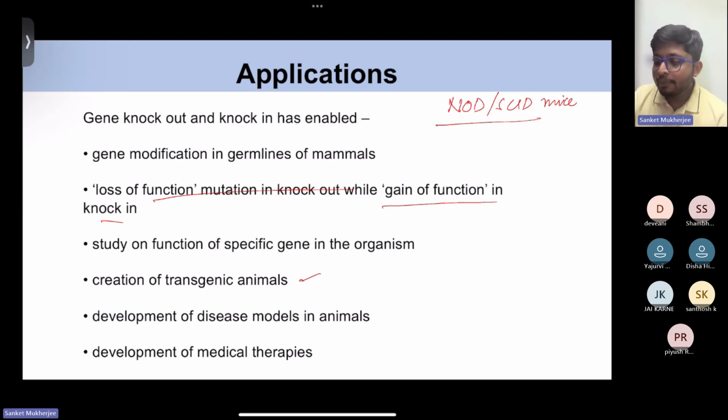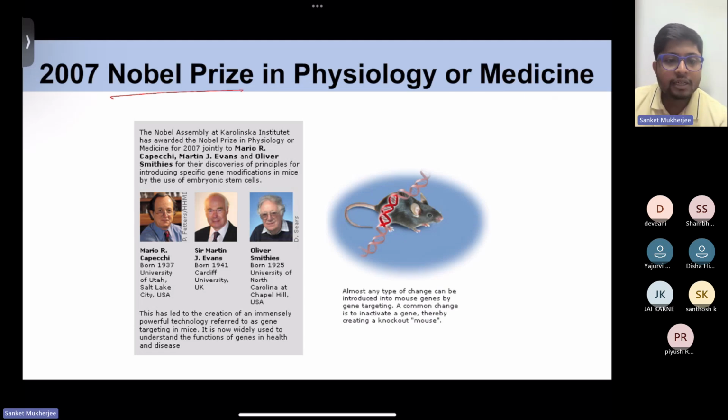In 2007, the Nobel Prize in Physiology and Medicine was awarded to three scientists, Mario R. Capecchi, Martin J. Evans, and Oliver Smithies, for the discoveries of principles for introducing specific gene modification in mice by the use of embryonic stem cells. They were the first group of scientists who were able to modify a mouse. We call these kinds of organisms genetically modified organisms, right?